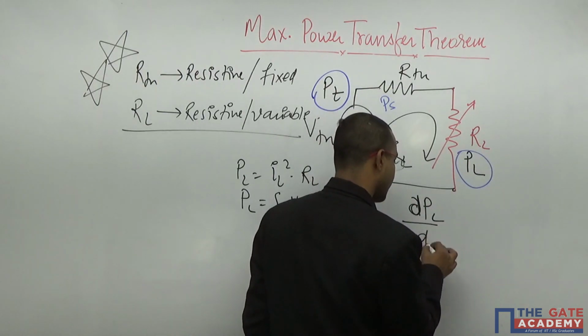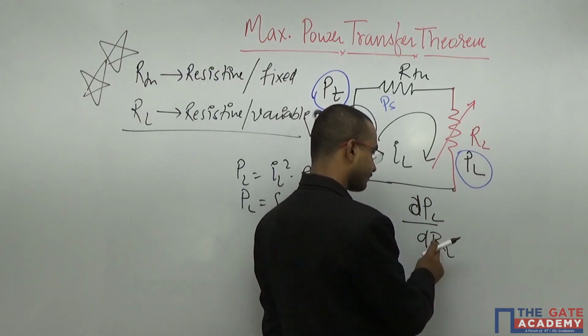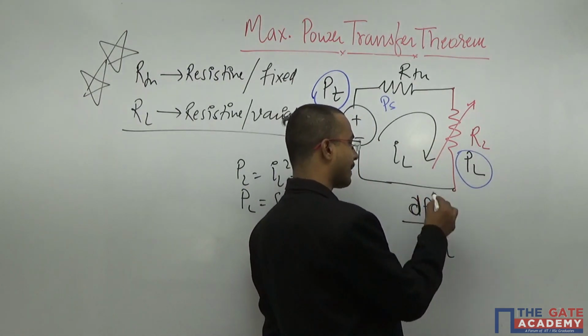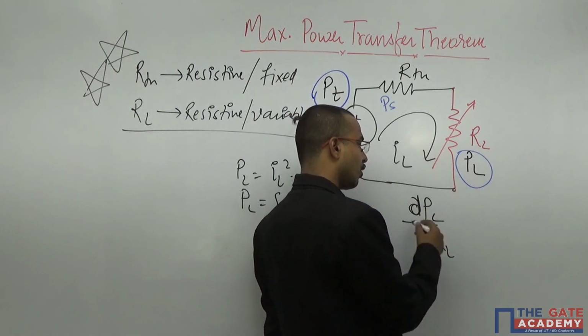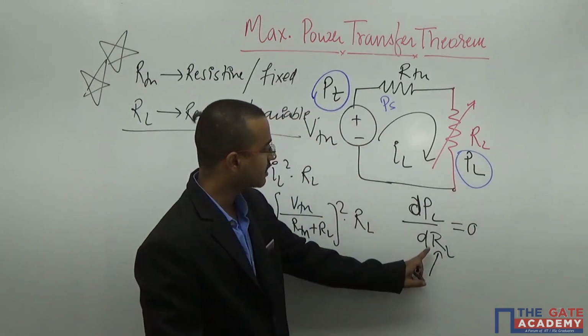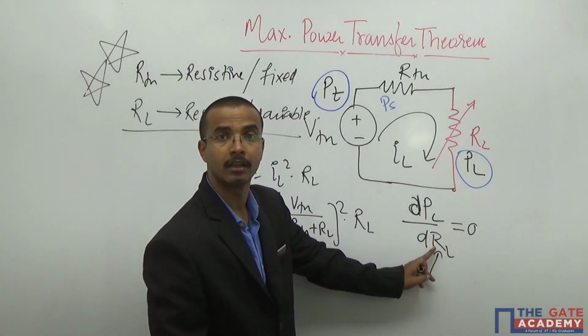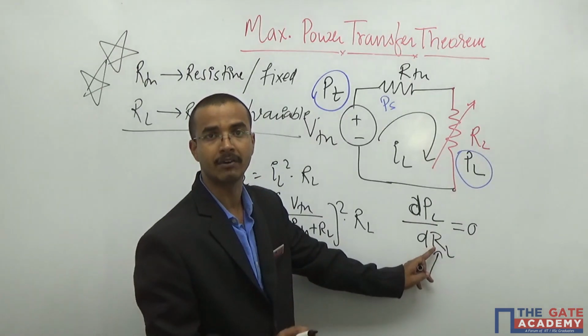dPL divided by dRL equals 0. The differentiation of my load power with respect to my load resistance will be 0. Why with respect to this? Because it is my independent variable and I want the value of RL for which I will get the maximum power.